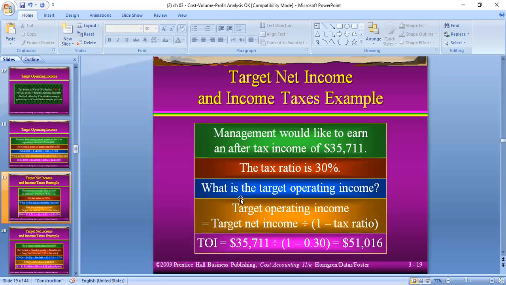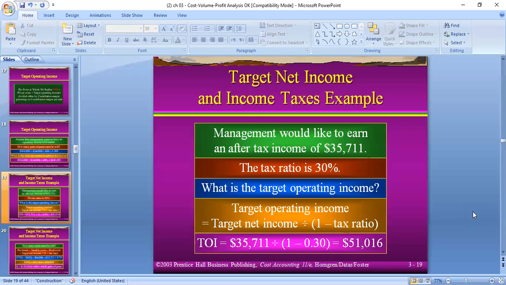So what is the target operating income? Target operating income equals target net income divided by 1 minus tax rate. So target operating income equals 35,711, the net income, divided by 1 minus 0.3, which gives 51,016. Now, the 51,016 is the target operating income, which realizes 35,711 net income.